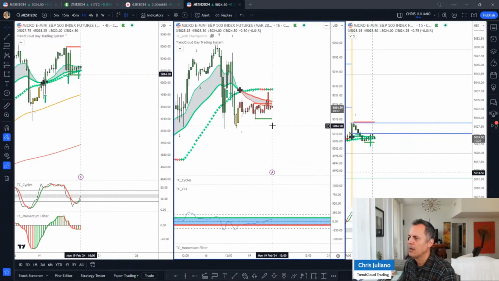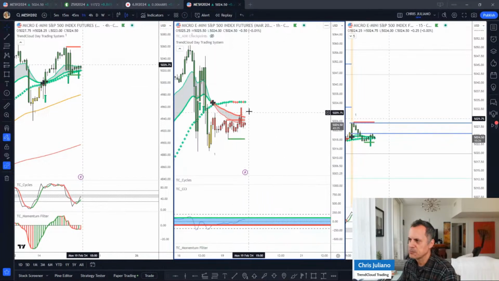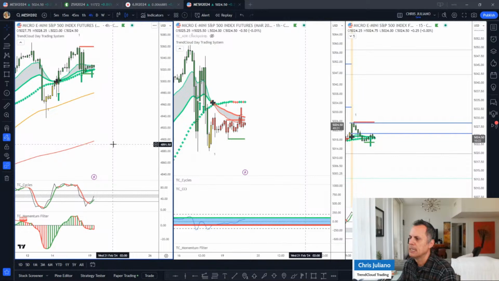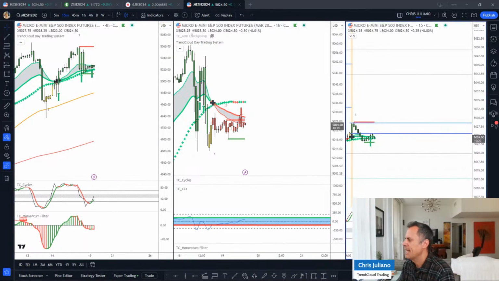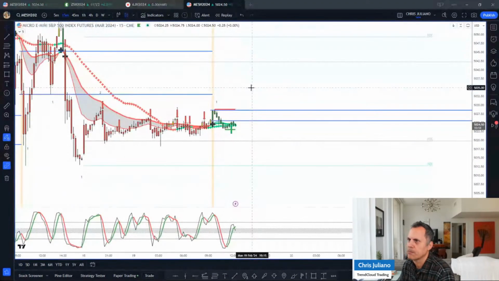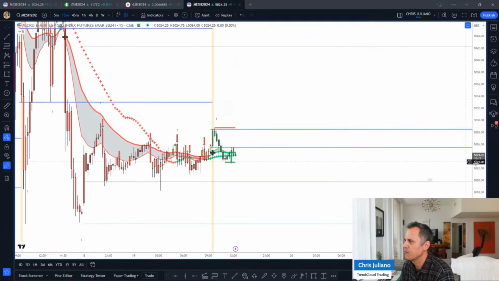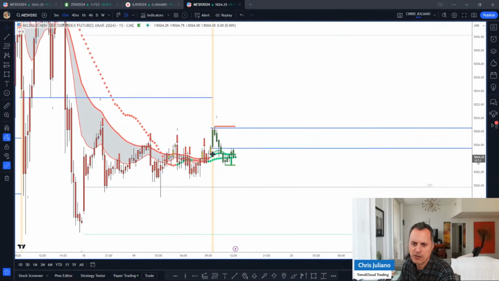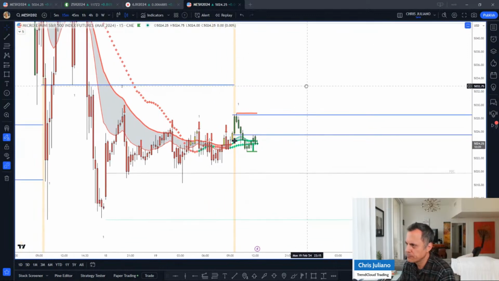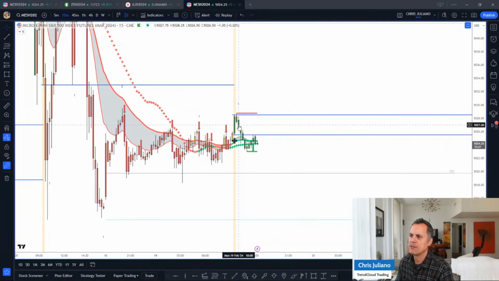Now, we're getting some trend cloud signals here to the downside. And what happened today on the opening range? 15-minute chart, that's what we use, right? We use the 15-minute opening range on the indexes. And that middle time frame and also high time frame momentum is down.